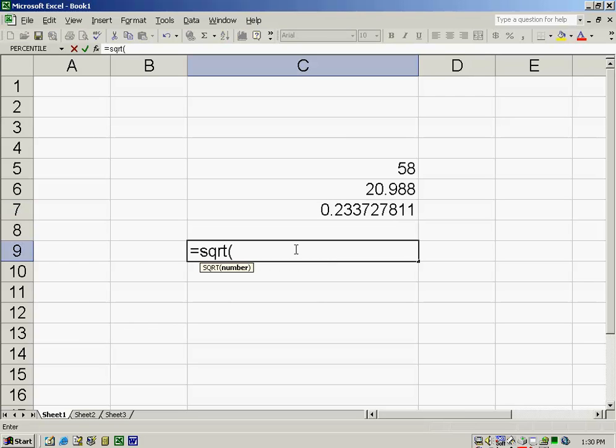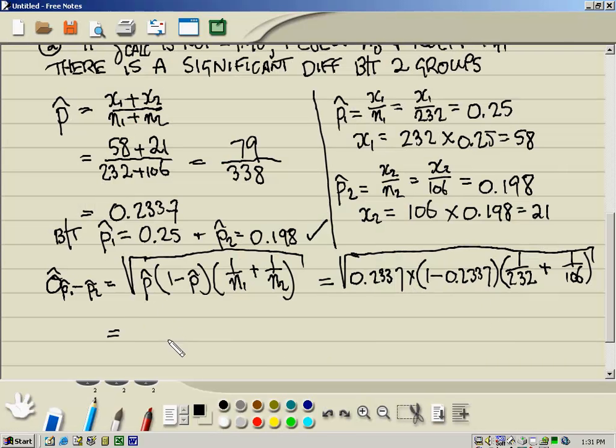So this is going to be the square root of 0.2337 times parentheses 1 minus 0.2337, close parentheses, open up a new set, times 1 divided by 232 plus 1 divided by 106, close the parentheses for the last calculation, and then for the square root, and the answer is 0.04961. The 0.04961 is our standard deviation.